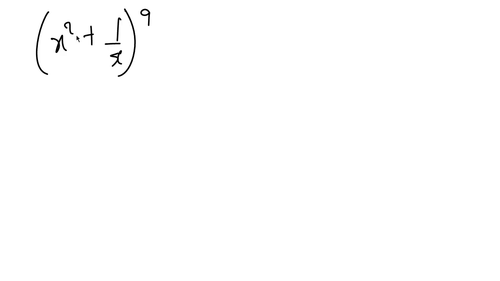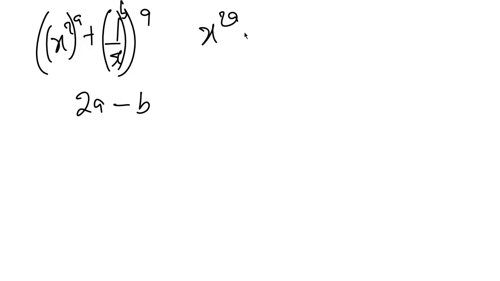If you now follow what I said, we can raise this to a and raise this to b. That means that this is x to the power 2a and this is x to the power b. So x to the power 2a divided by x to the power b will be equal to x raised to the power 0.